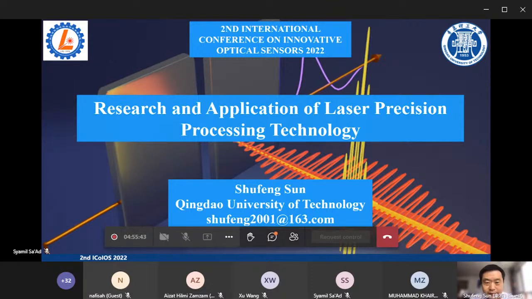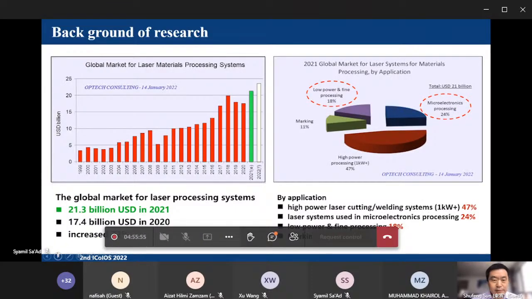So next. Please, next slide. First, let's see the background of our research. The global market for laser material processing systems in 2021 totaled about 21 billion US dollars.